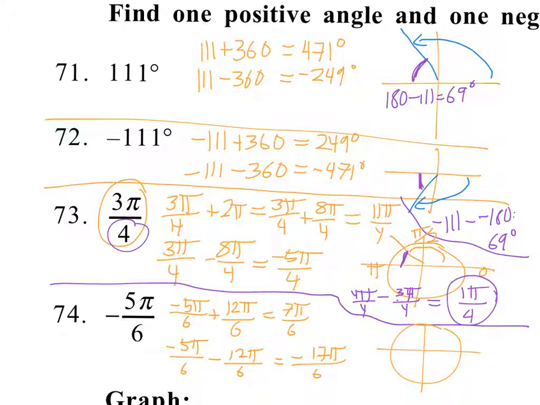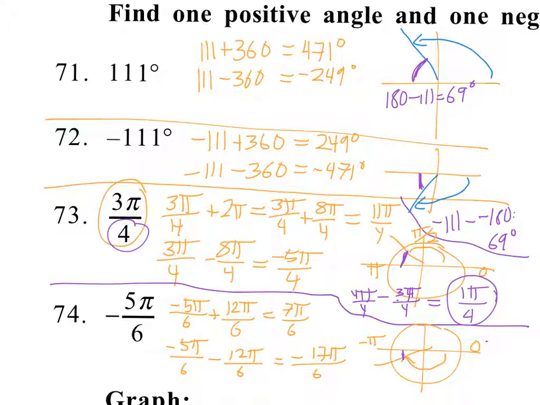For a reference angle, negative 5 pi over 6, that's a little bit before I get to negative pi, because 5/6 is really close to 1. So we're talking about going almost all the way to pi in the negative direction. That'd be negative pi going this way. My reference angle, again, would be this value in here.